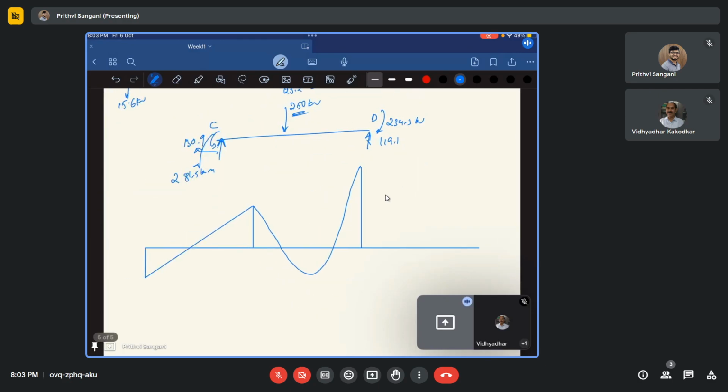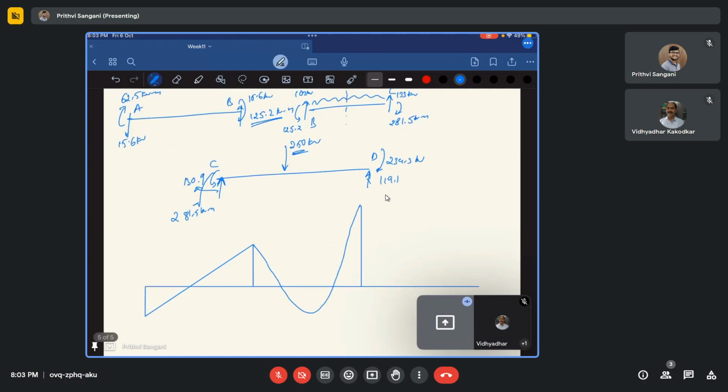we have what do we have? After that we have a point load of 250 kilonewtons. So if you have a point load of 250 kilonewtons, how is it going to change? So we have a point load of 250 at D. What is going to happen at D? At D it is again positive, right?